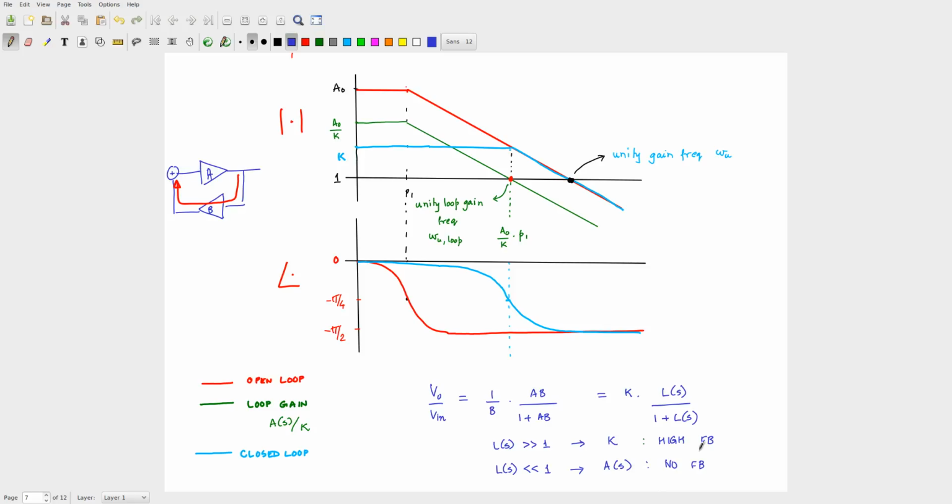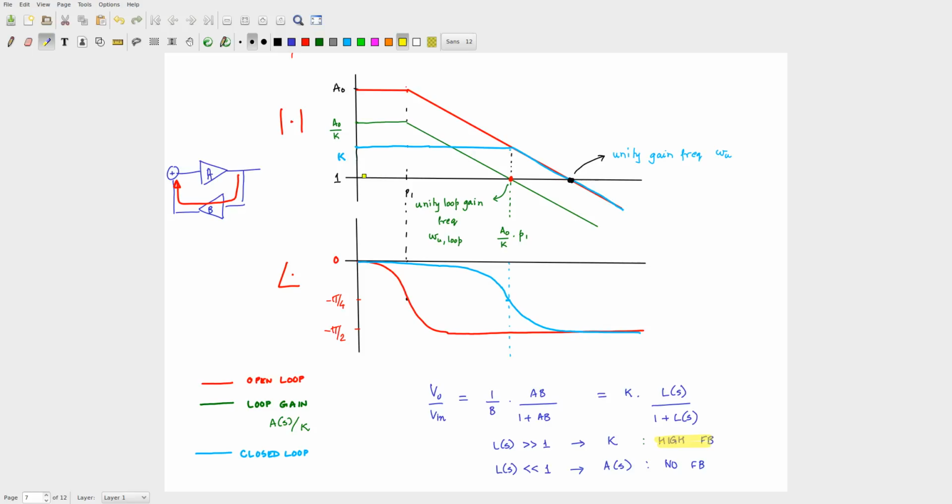Now with these two, look again at the green line, blue line and red line and understand what's happening. Look first at the high feedback case, where loop gain is greater than 1. Where is loop gain greater than 1?